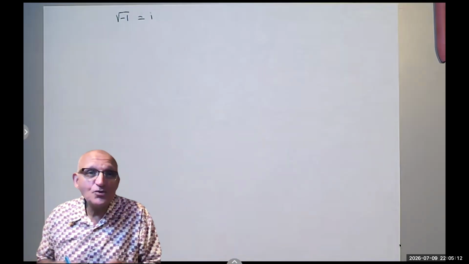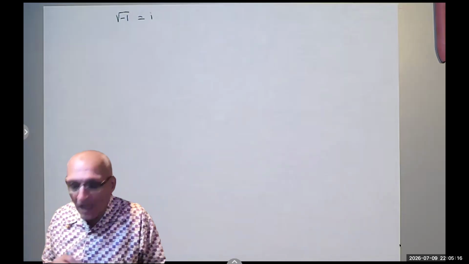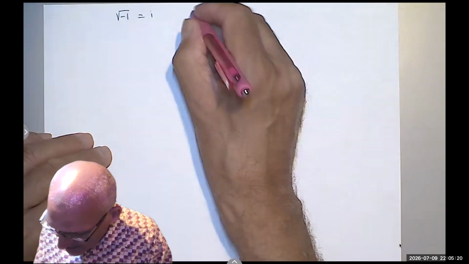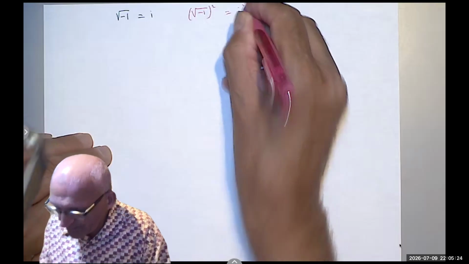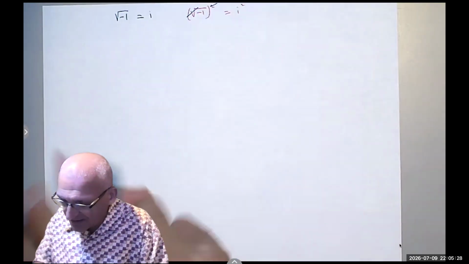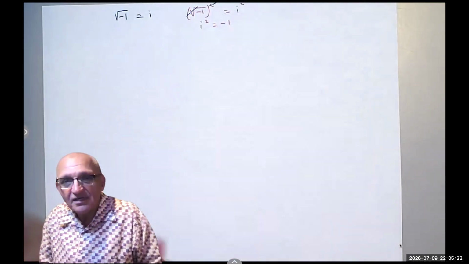But the square root of -1, we call it I. So if I square both sides, the square root and the square cancel each other, and I get I squared equals -1.